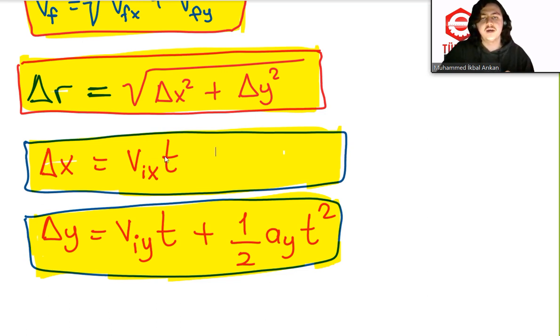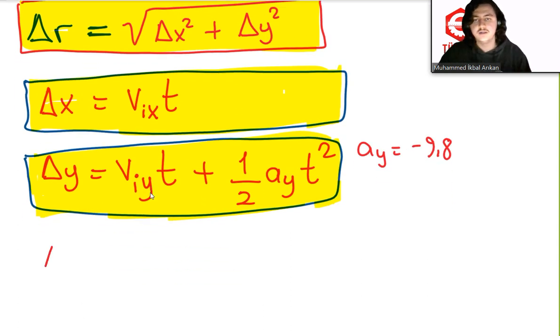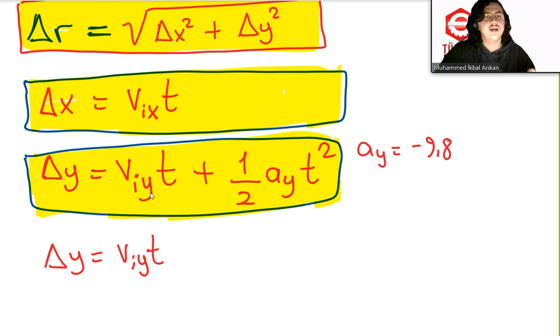What about this case? I have initial y velocity, so it is not 0. I have time, right? And here, instead of putting ay, just put our value. As you know, ay equals minus 9.8, so you will get another formula here. Delta y will be equal to v initial y times time. There is plus, but here I have minus.